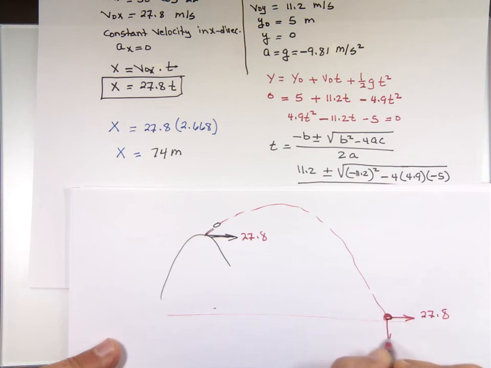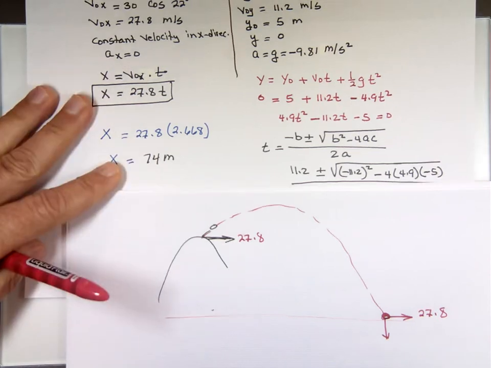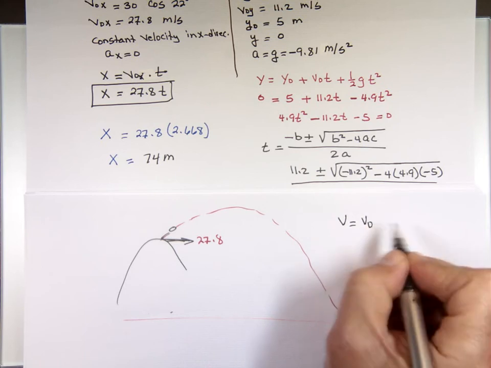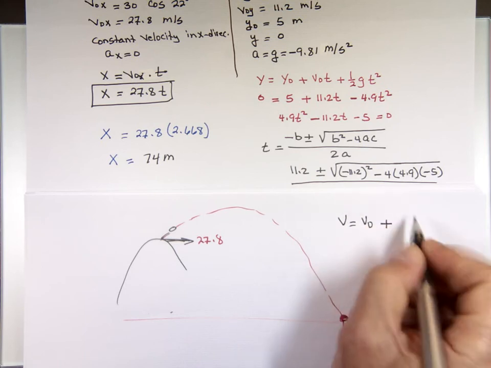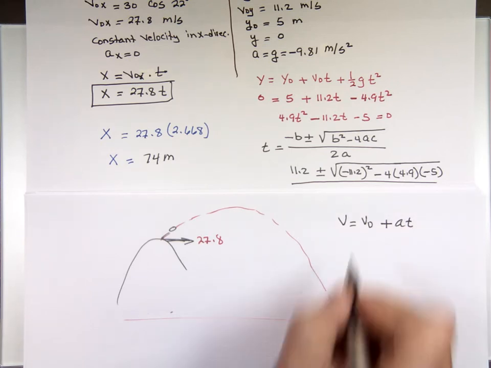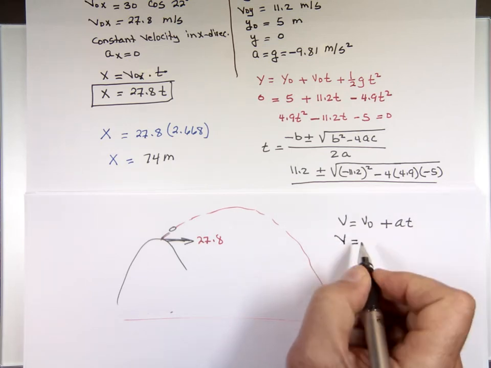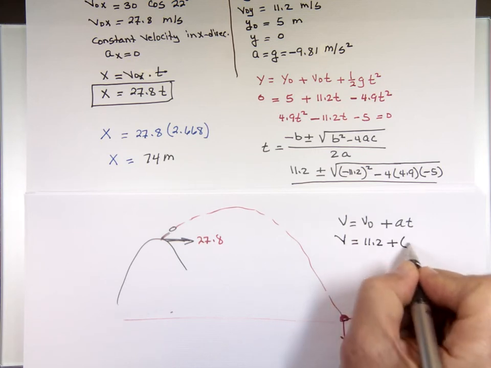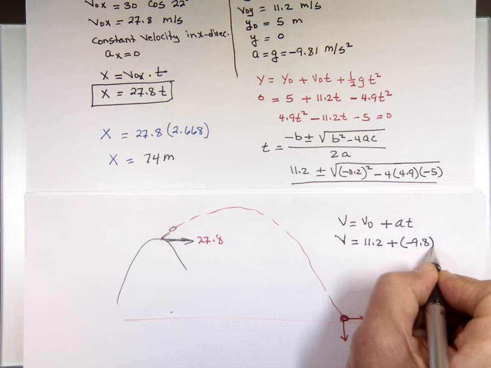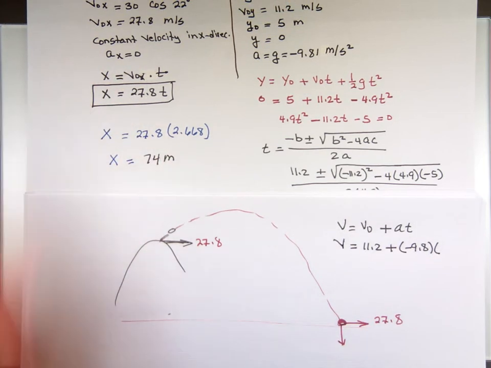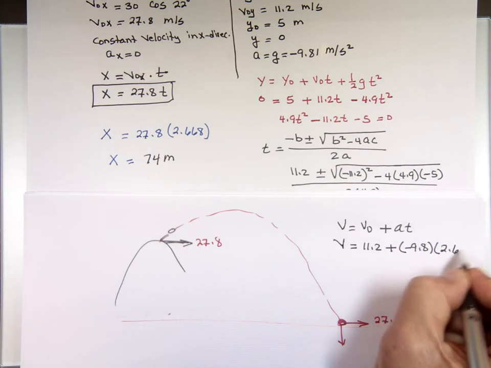So again, we'll use that equation: v equals v0 in the y direction plus a times t. In the y direction, the initial velocity was 11.2. Acceleration is negative 9.8. And t was 2.668. What is the s?